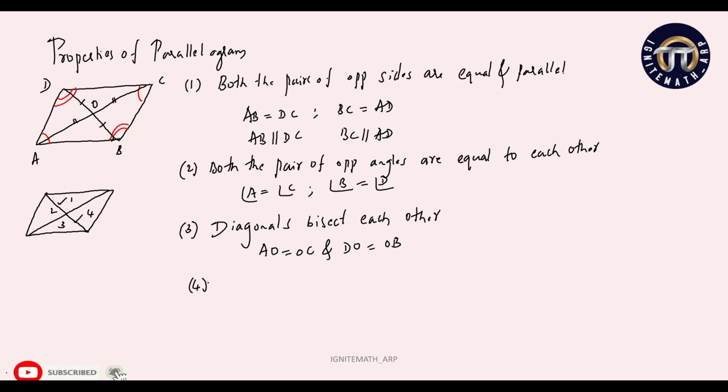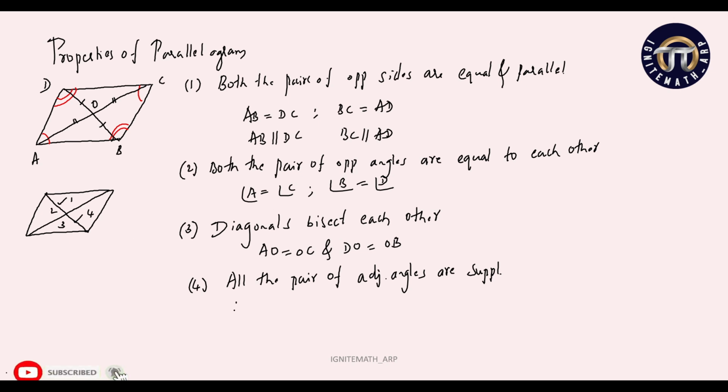Then the fourth property is: all pairs of adjacent angles are supplementary. What do you mean by adjacent?